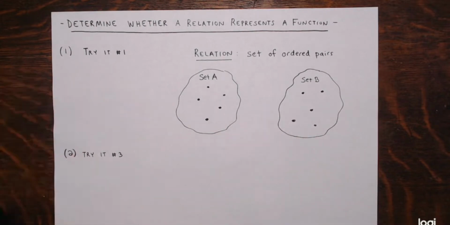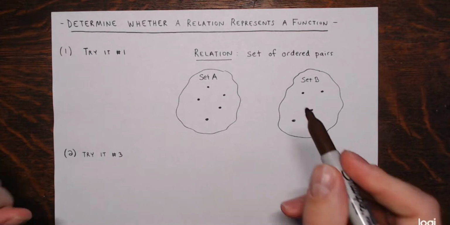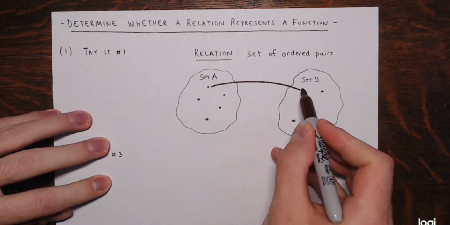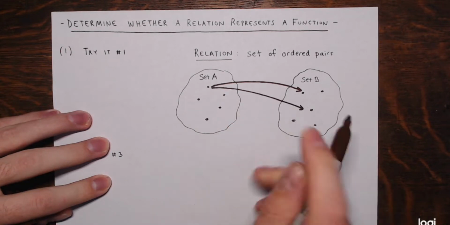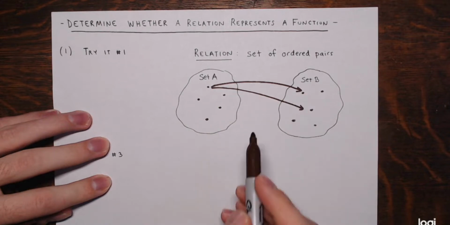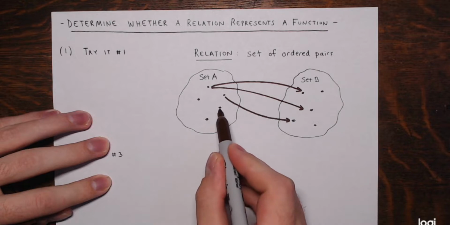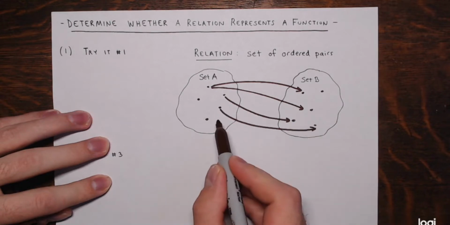And all a relation is, is pairings. It's taking elements from one set and pairing them with elements of another. So maybe I compare this element here with this element here and this element here. And I compare this element with this element. And I can take this element from set A and pair it with this element from set B, and so on.